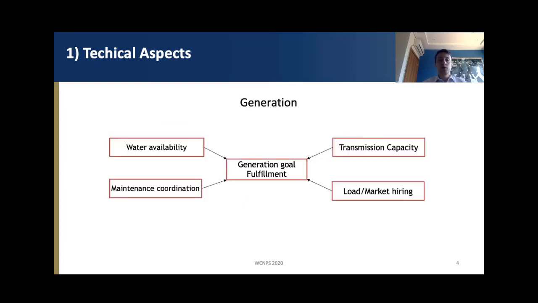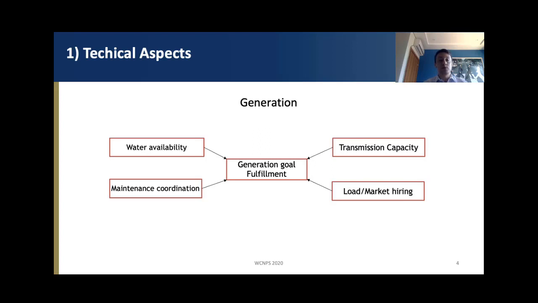To generate all that capacity, there are main processes in our company. Most of them, from the operation point of view, are shown on this slide. There is the team that determines the water availability and makes the forecast that we use to know how much water we have to generate.